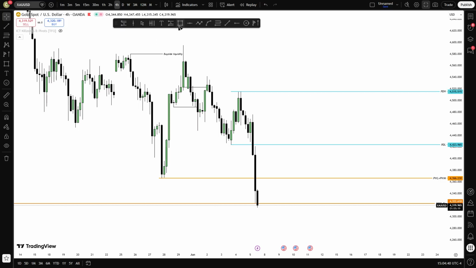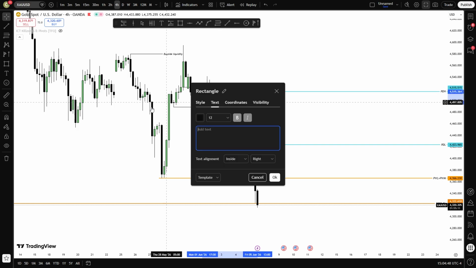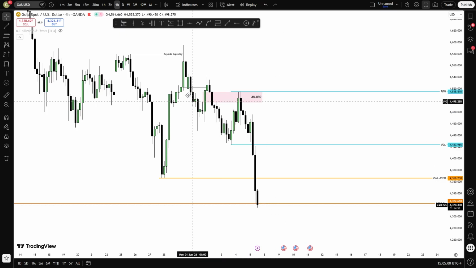As you see here, there is a PD array called BPR for our BPR, which is created by an IFVG and another fair value gap.